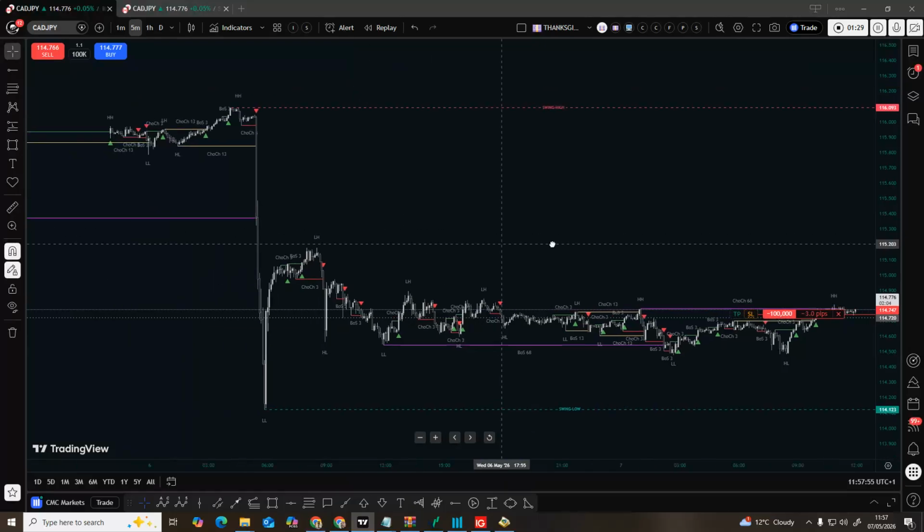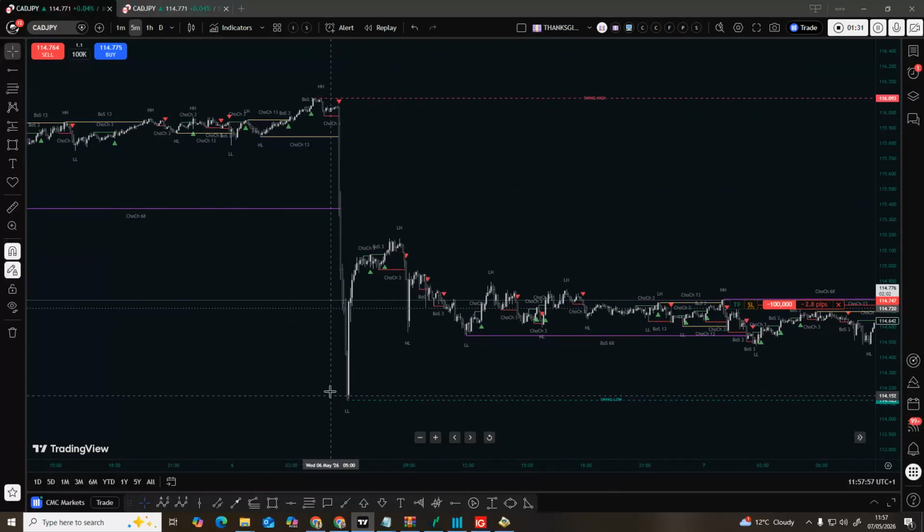Okay, yesterday we had a breakdown from this momentum high. For us, we're looking for a confirmation that this high has become a high. I remember I did a video a couple of months ago on how to identify what a high is and what a low is.